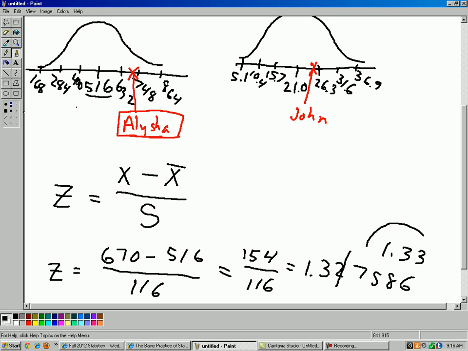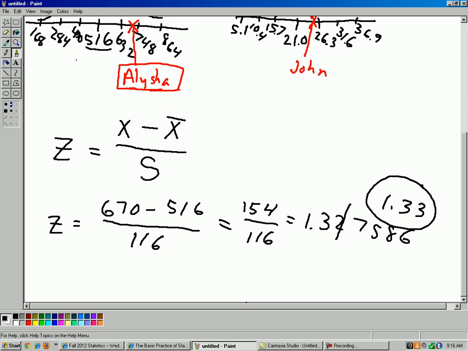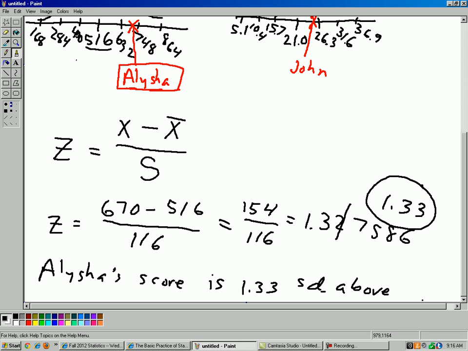Okay, there is Alicia's z-score, which means that Alicia scored 1.33 standard deviations above the mean. Let's write that out here. So Alicia's score is 1.33 standard deviations above the mean.